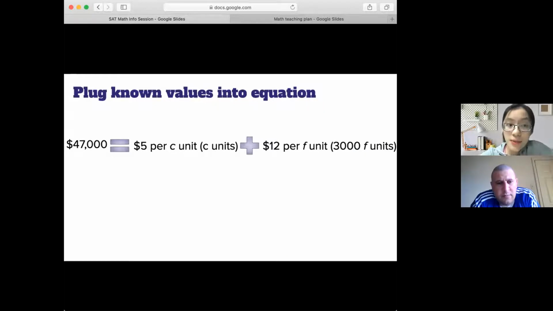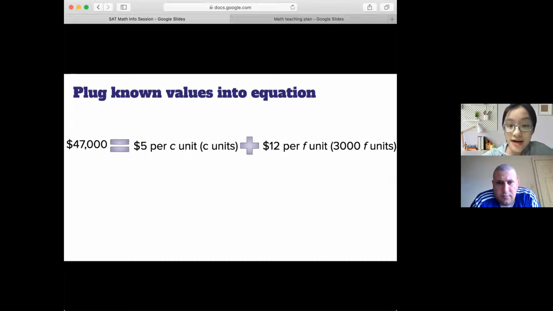Now we're going to plug our known values into the equation. $47,000, the total shipping cost, equals $5 per C unit times C units plus $12 per F unit times 3,000 F units.